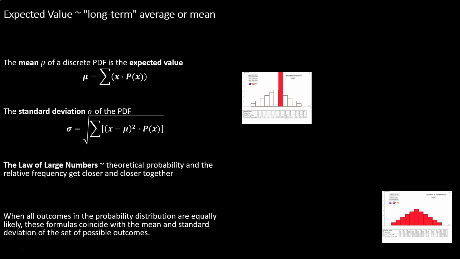This long-term average of the experiment is known as the expected value, or the mean. We use the Greek letter mu to denote this value. The standard deviation of a PDF tells us how far away a single variable value is from the average, from the expected value or the mean of the experiment. And we use the Greek letter sigma to represent our standard deviation.